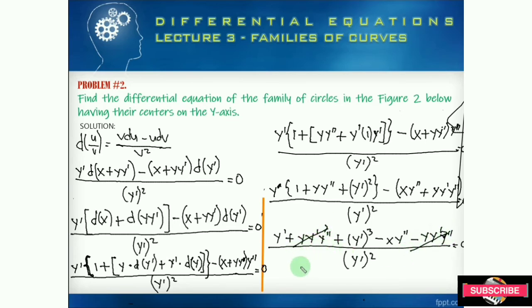So what remains is this y prime, and then plus this y prime raised now to the cube, and then we have this minus x y double prime all over this y prime squared. Okay, and this is just equal to 0.